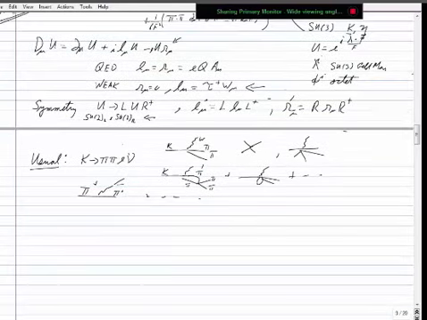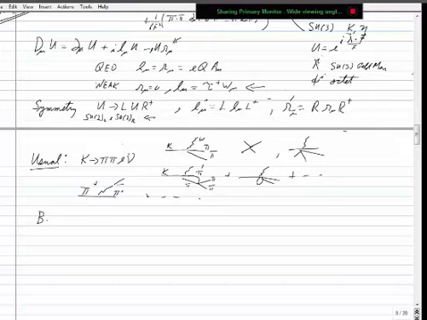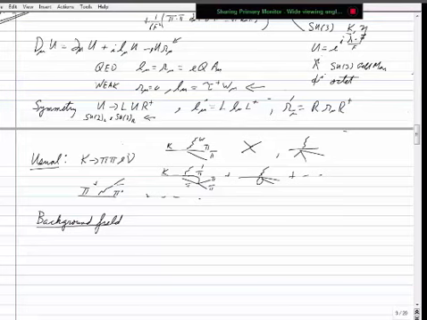Basically, the usual way you do this, you take some process you want to do. Let's imagine I want to do K goes to pi e nu. I need a W interaction, so I would use this thing to get my W there, and here's a K pi.